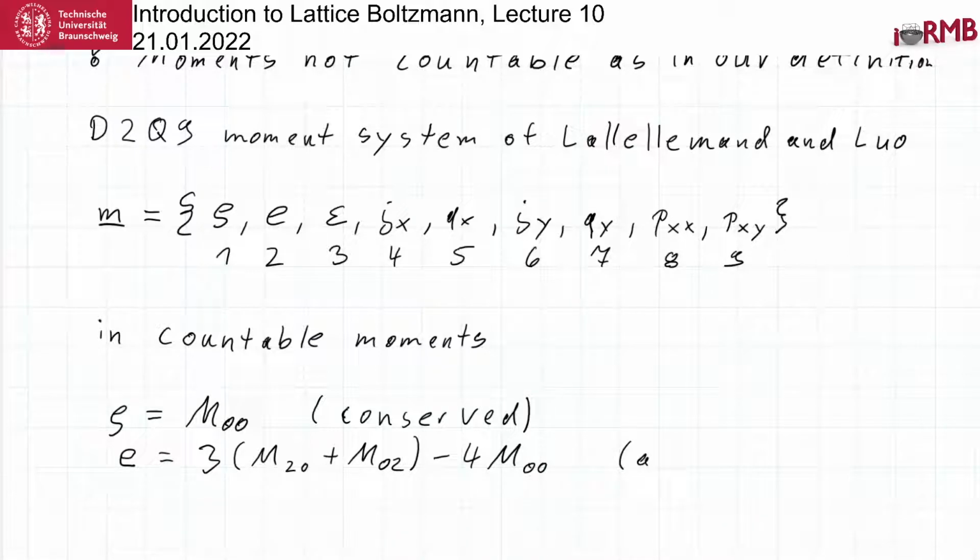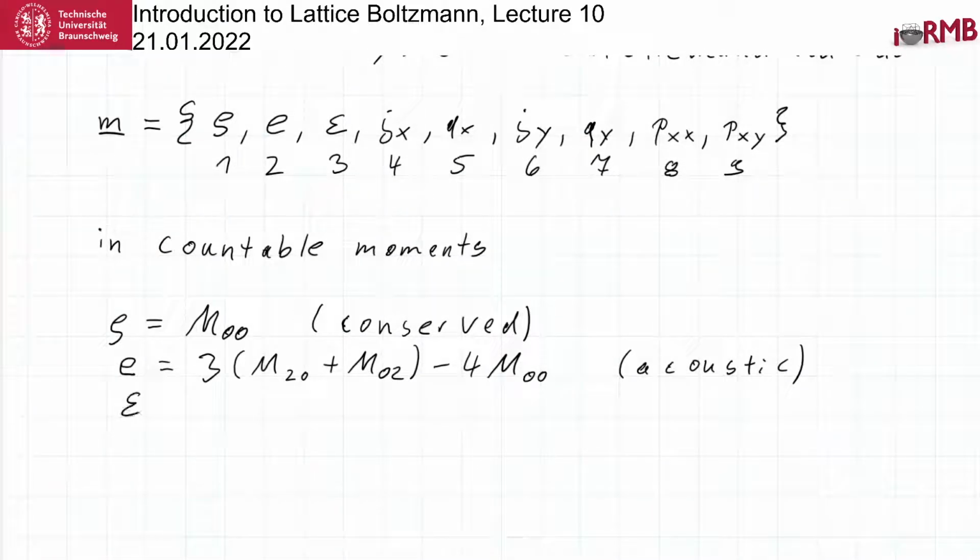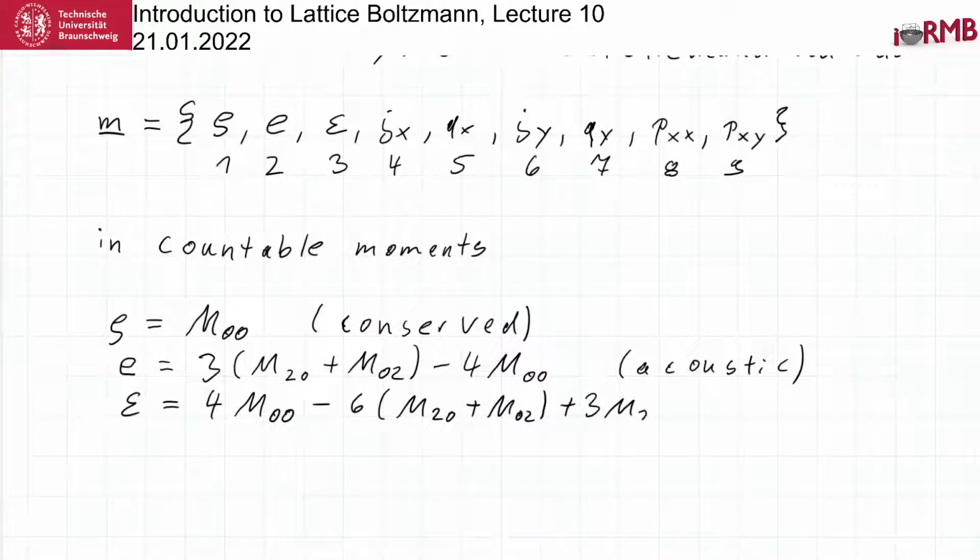This is actually an acoustic moment, or the acoustic moment in their setting. Then they have epsilon, and they define epsilon as 4 m00 minus 6 times m20 plus m02 plus 3 m22. And this is a ghost moment.